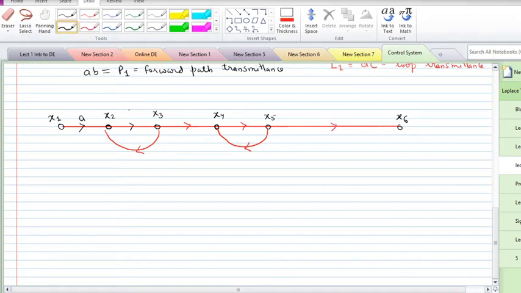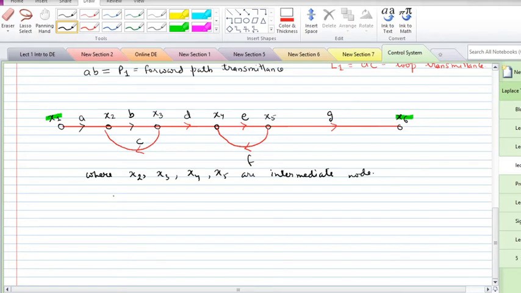So A, B, C, D, E, F and G are the transmittance of each of these paths, and X2, X3, X4, X5 are intermediate nodes. X1 is the input node and X6 is the output node.